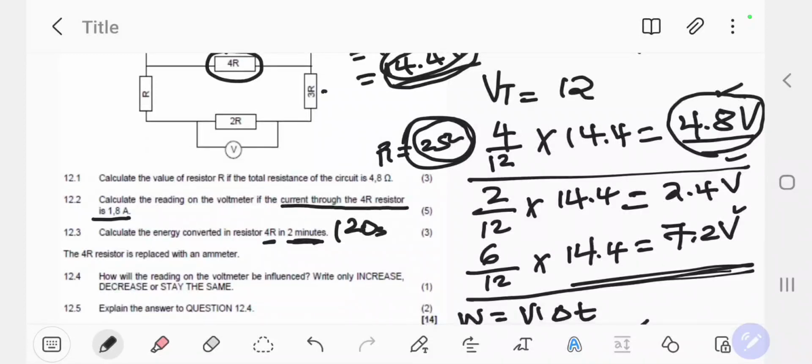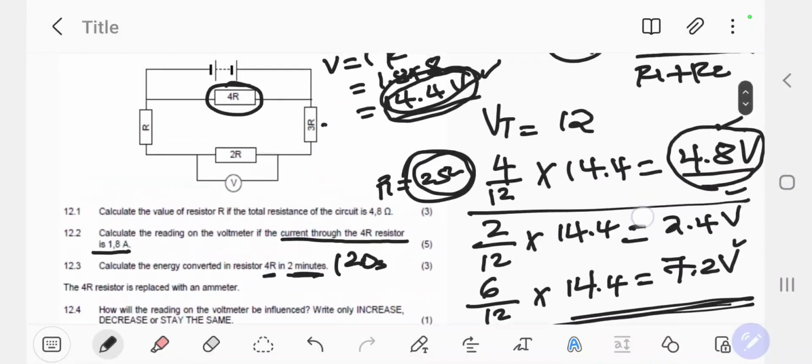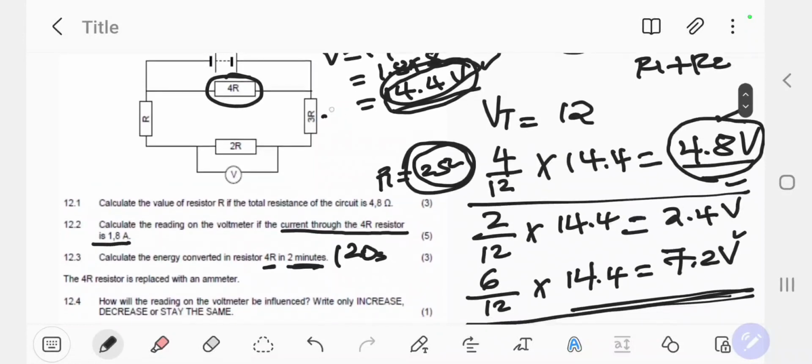Now, if we take out the 4R resistor and replace it with an ammeter, the current will only flow in the 3R, the 2R, and the R resistor, because we are changing the configuration of the circuit. We're no longer going to have a parallel circuit. We're only going to have a series circuit that flows just like this.